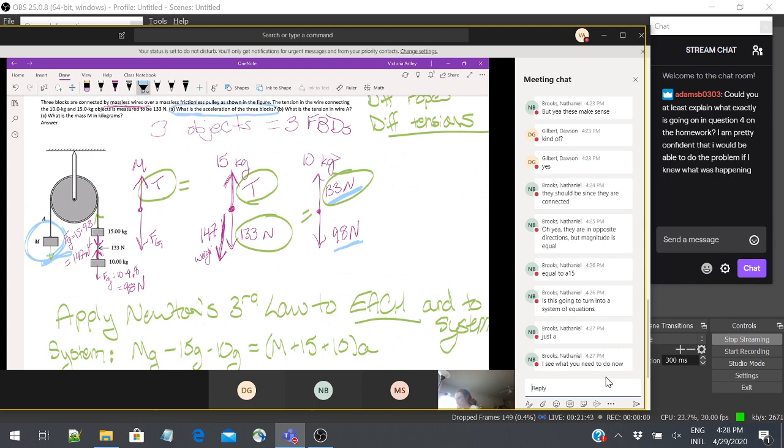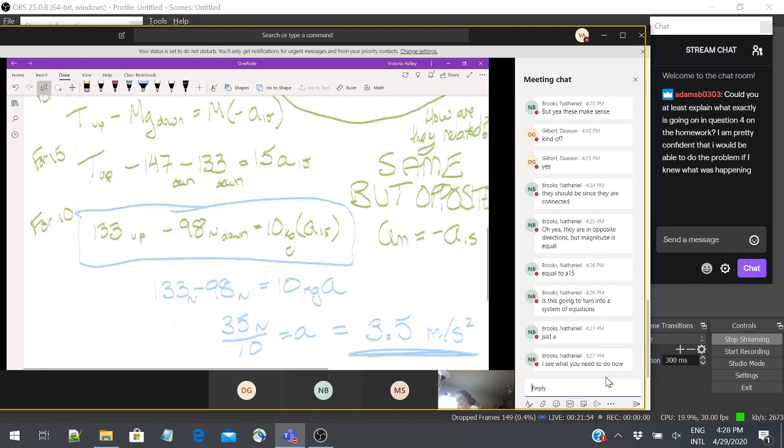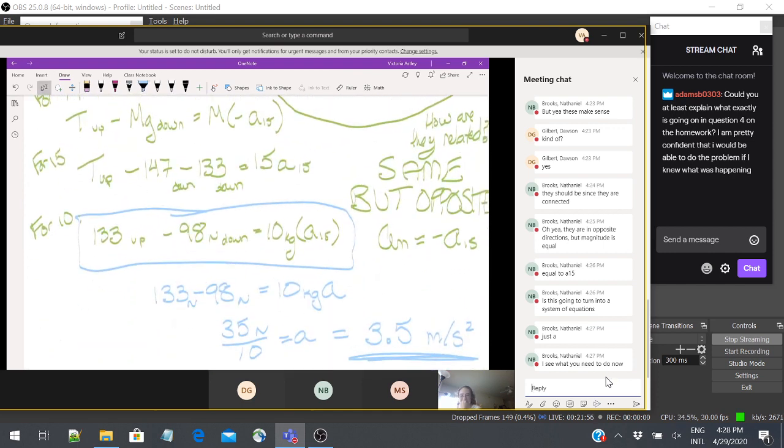What's the acceleration of the 3 blocks? 3.5 meters per second squared. Done. Okay. Now what? Tell me what to do now.